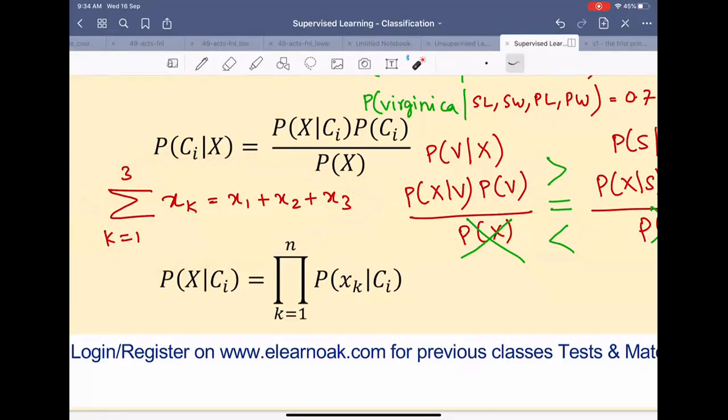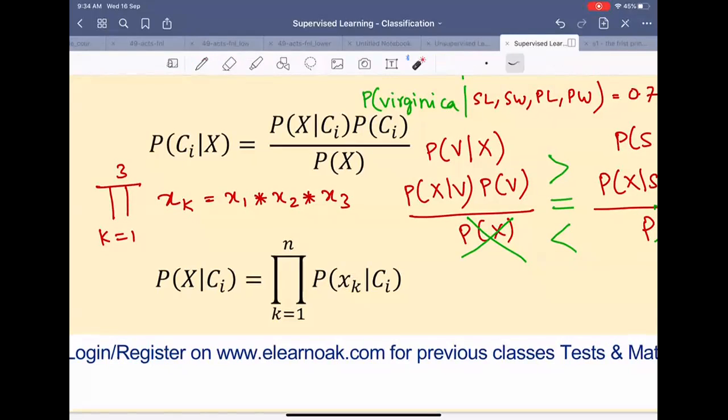Some people may not be familiar with the second part, the pi sign, which stands for product of. If I replace the first symbol with pi, the formula changes: instead of addition, I have multiplication of x1 with x2 with x3. So the product symbol says the multiplication of the individual terms as k changes from the initial value 1 to the value 3.